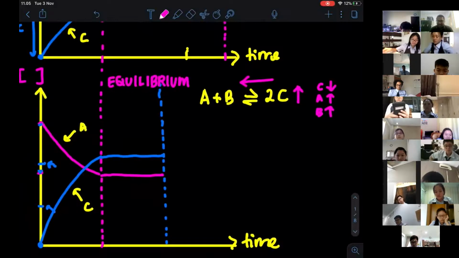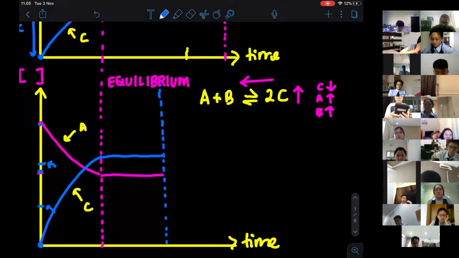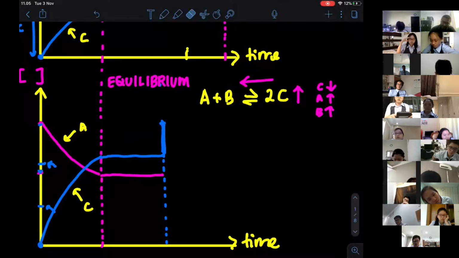So I am increasing C, for example. This blue line is C, so I'm just showing the blue line. Let's say I'm increasing up to here. Let me erase this. Okay, I'm increasing this much.